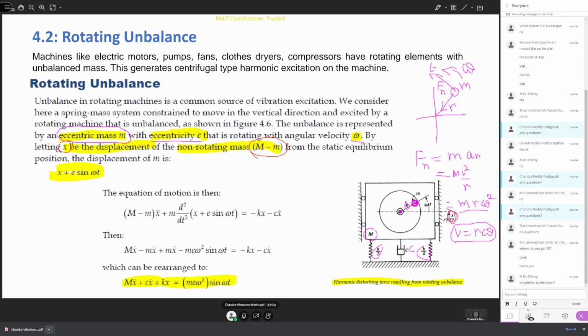From the static equilibrium, we can say that the displacement of the mass m is the static displacement x plus eccentricity into sine omega t.